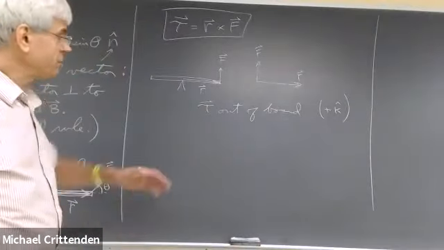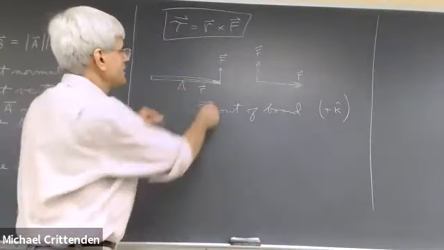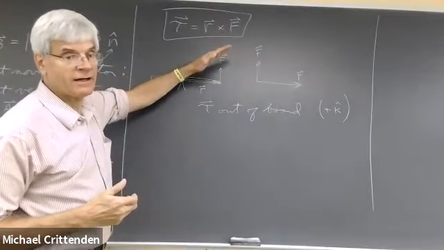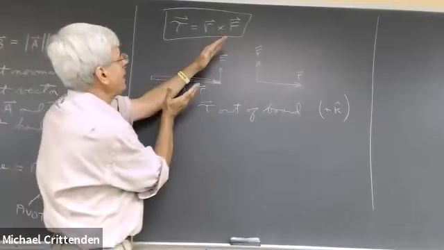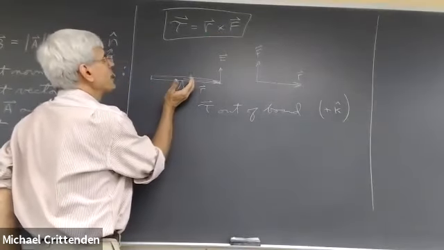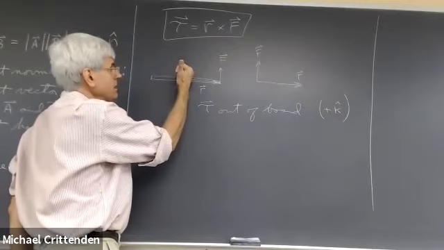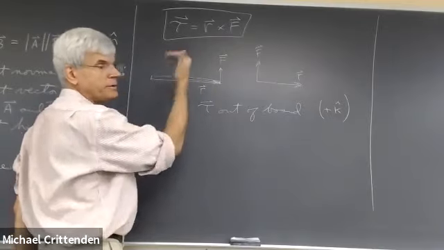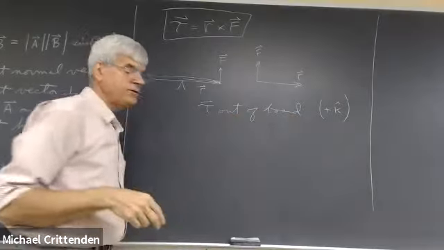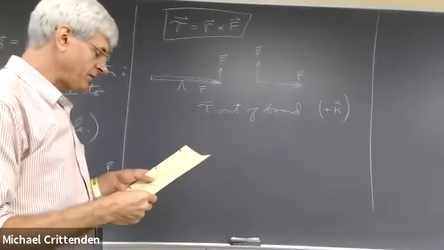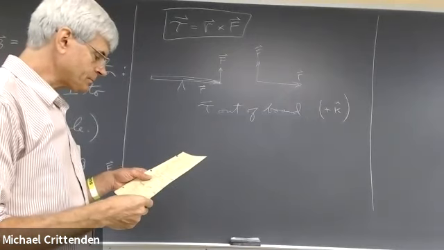And if you'd rather look at it this way, pulling up on it is going to make the seesaw rotate this way. And if you wrap your fingers around the axis, pointing in the direction that you're trying to make it rotate, your thumb points in the plus K direction. So as I said, there are different variations on this, different ways you can look at it.